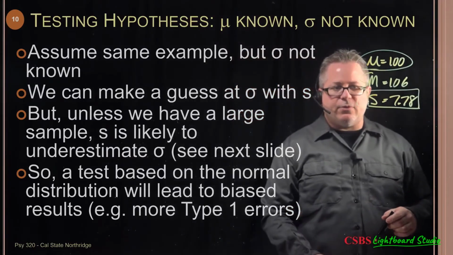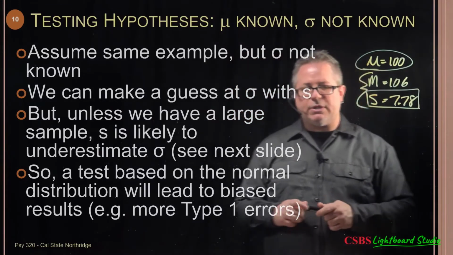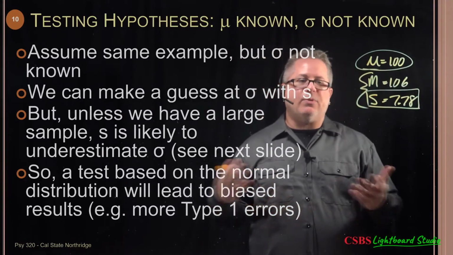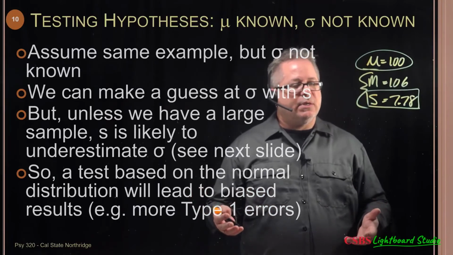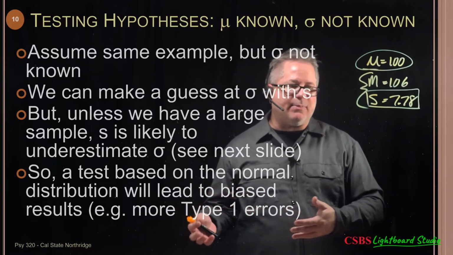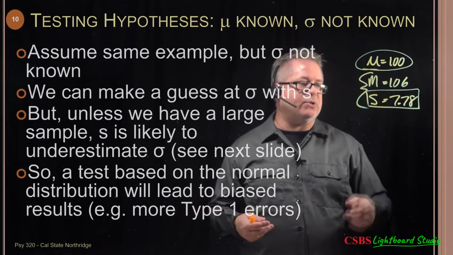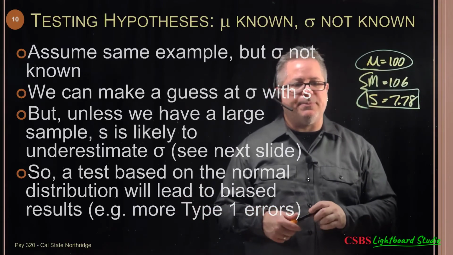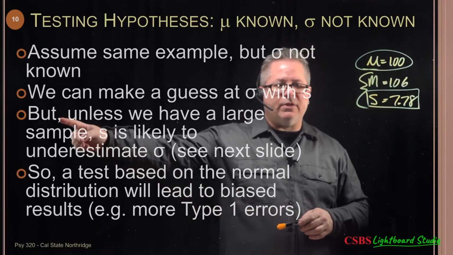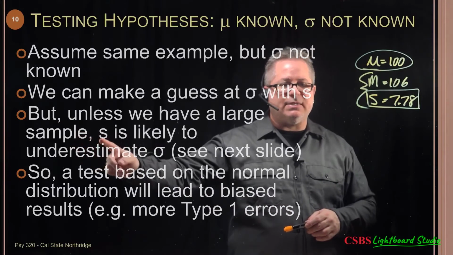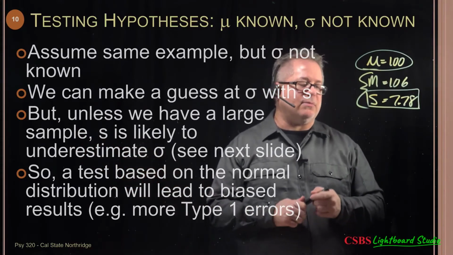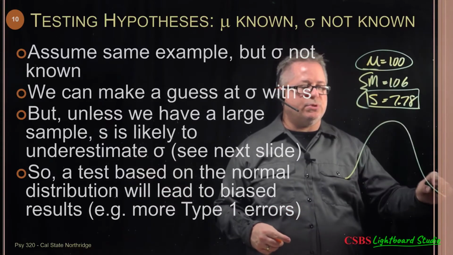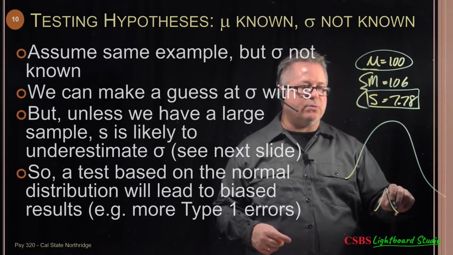Okay, so we don't know sigma, but because we have a sample of size 25, we can compute S, and we can then take a guess at sigma with S, right? We can just use this as our best estimate of sigma. But like it says here, unless we have a large sample, S is likely to underestimate sigma. So again, think about populations are huge, samples are small, okay?